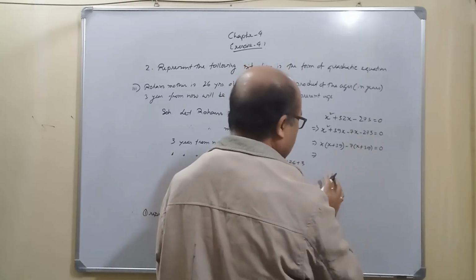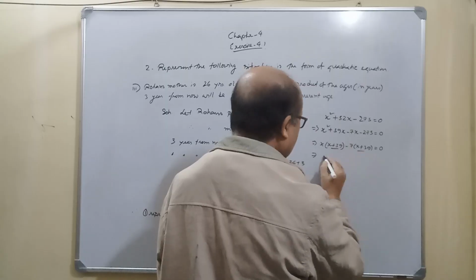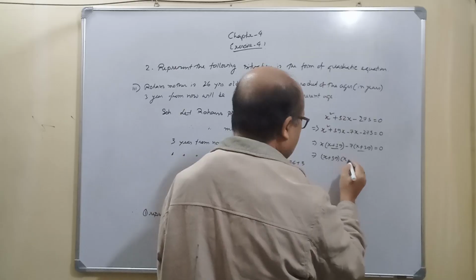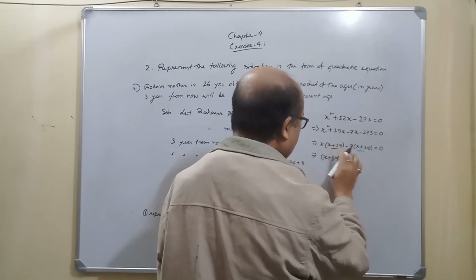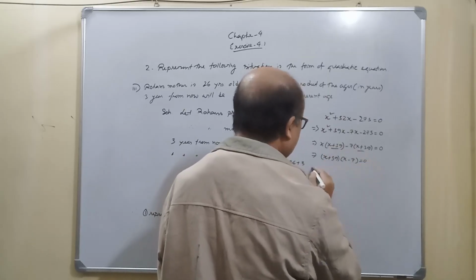So the equation remains same. Now this is common. x plus 39, x minus 7 is equal to 0.